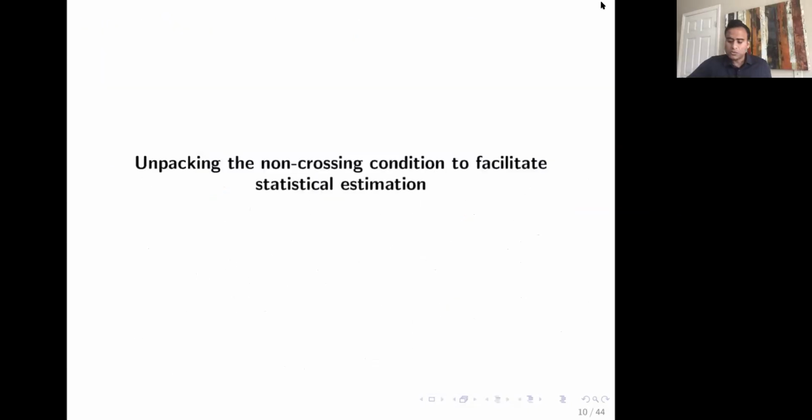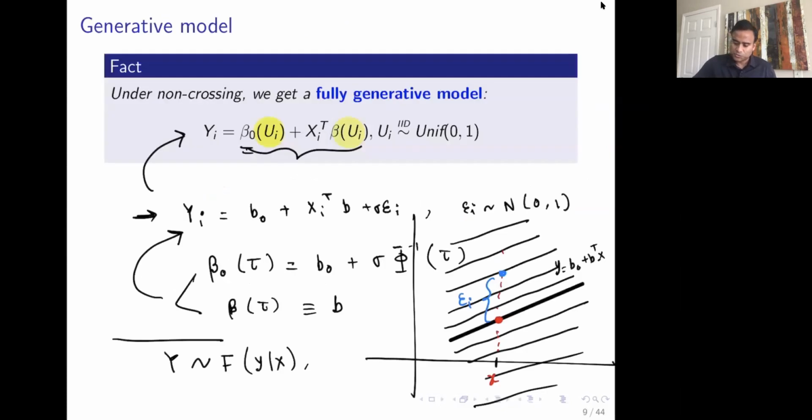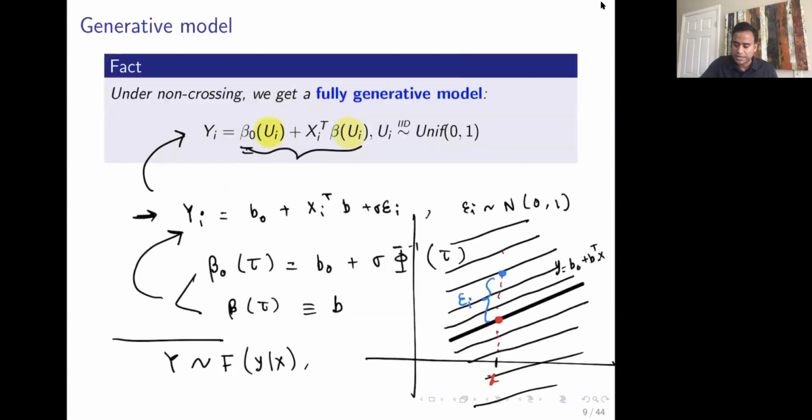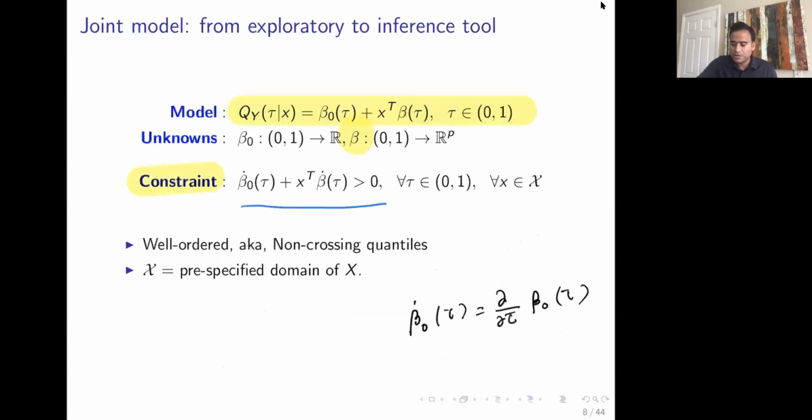All right, so once we start from here, let's think about how we unpack the non-crossing condition, which is the derivative condition we saw two slides back, right here. How do we unpack that in building an estimation model for the parameters, the p+1 function parameters now, the one intercept and p-many slope functions that I have to estimate.